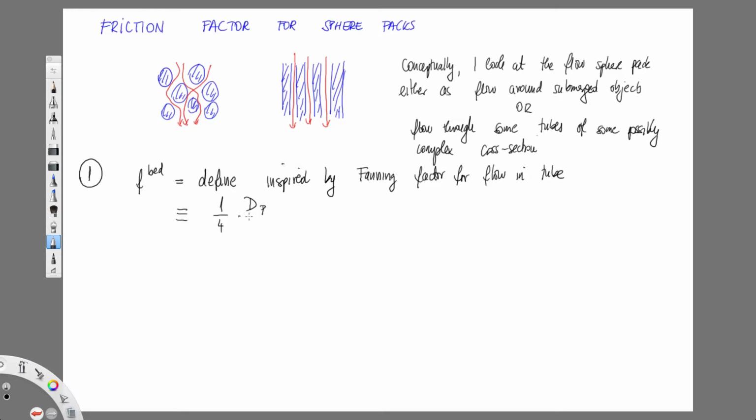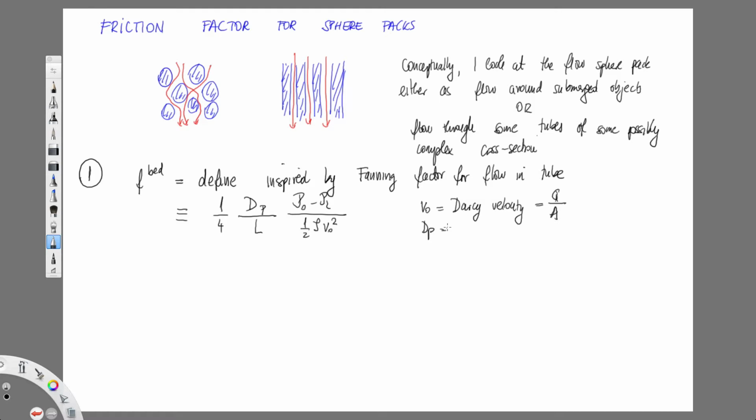So dP divided by the length of this sphere pack, and then pressure difference over 1/2 rho. And here I had average velocity through the tube, but I don't have that for a sphere pack. So what I will put is V0, and V0 will be the Darcy velocity, because that's something I can measure. It's my volumetric flux divided by area.